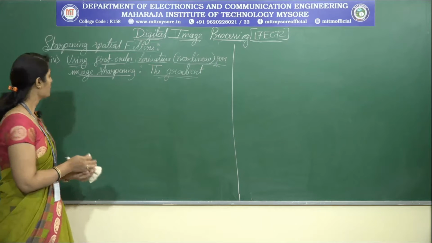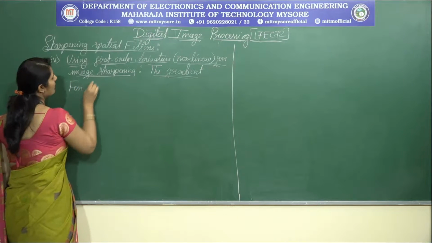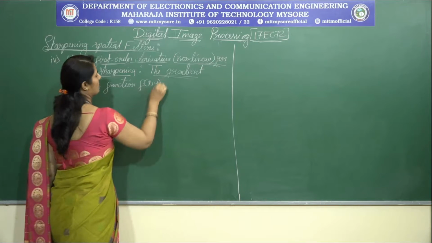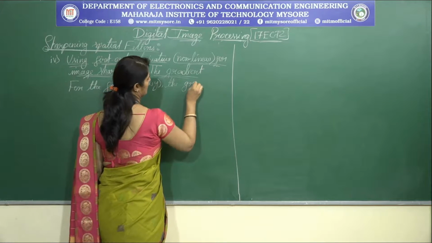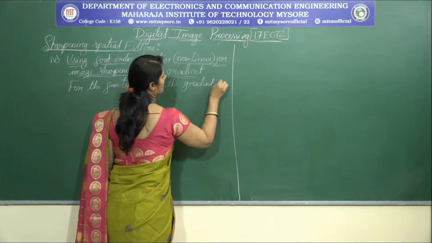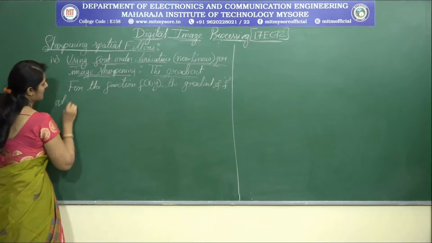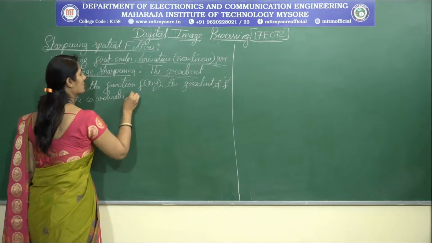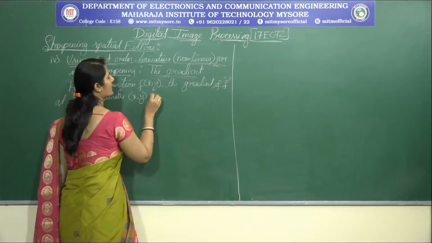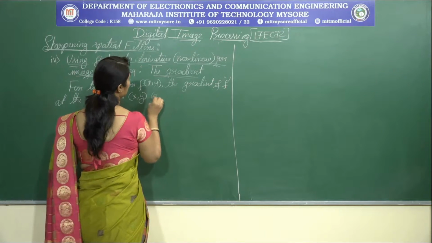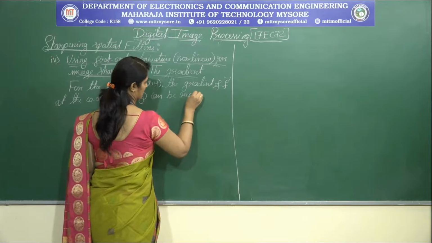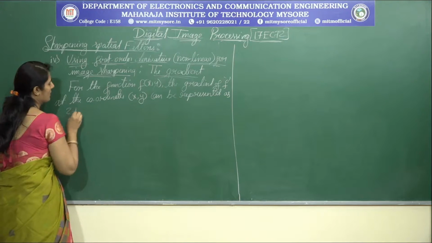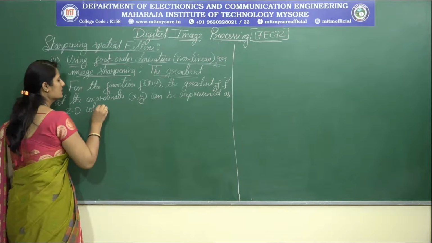So for the function f of x comma y, the gradient of f at the coordinates x comma y can be represented as the two-dimensional column vectors.